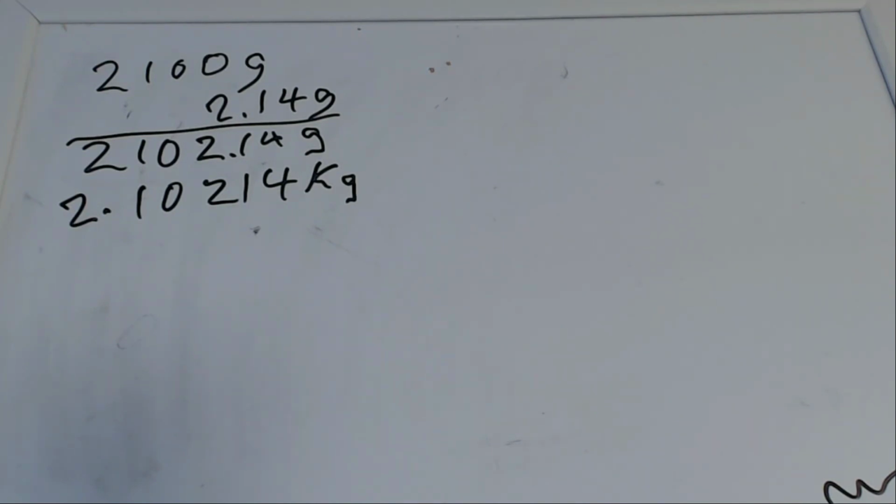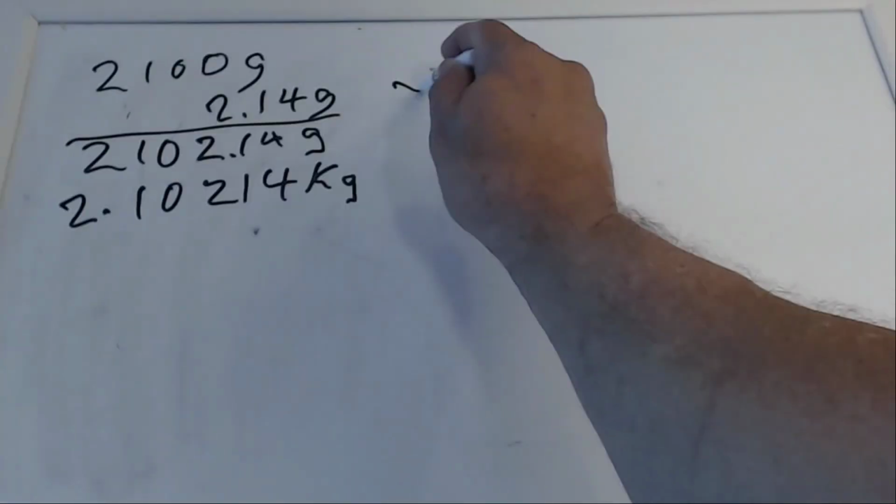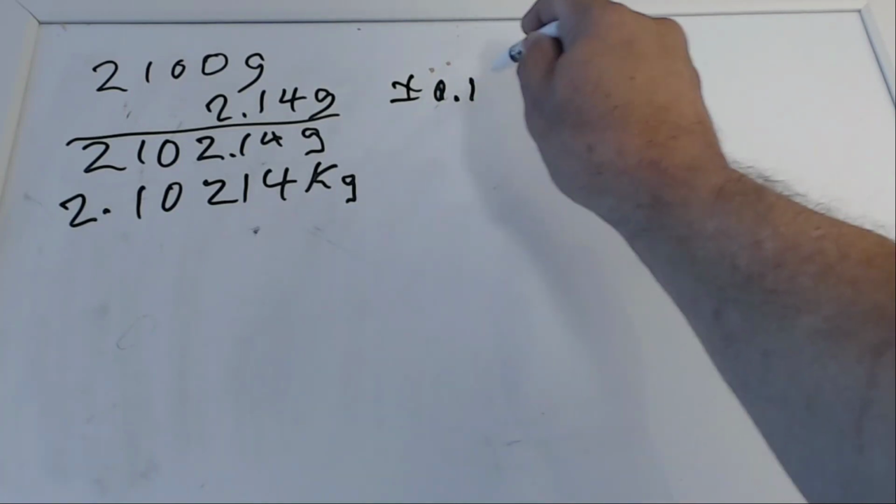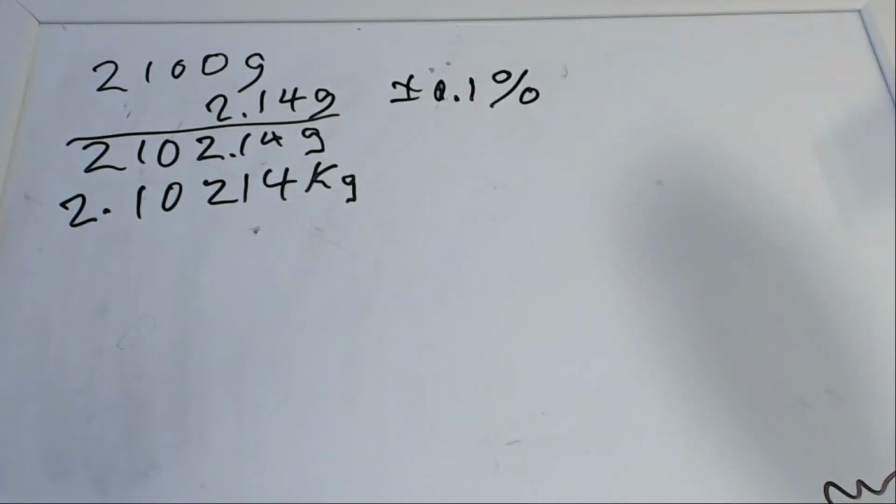Because each of those individual weight sizes have their own uncertainty, we have to take that into account, and it adds up. As I said, they're calibrated to plus or minus 0.1%. So this is about relative uncertainty as opposed to absolute uncertainty.